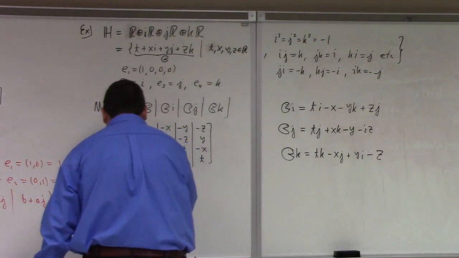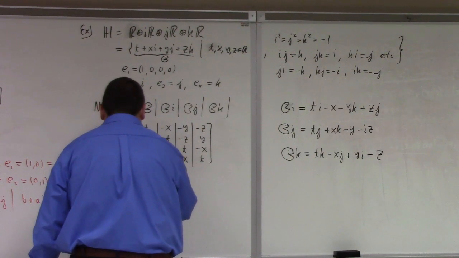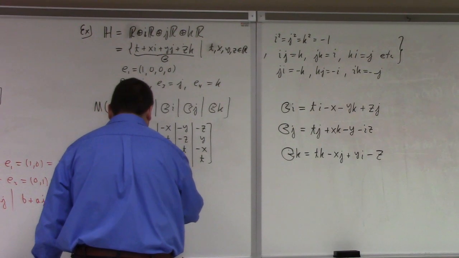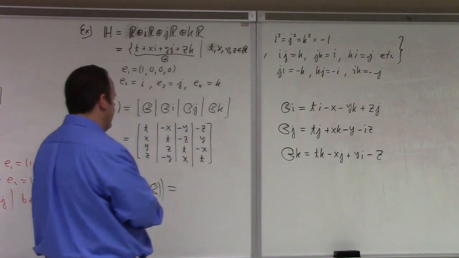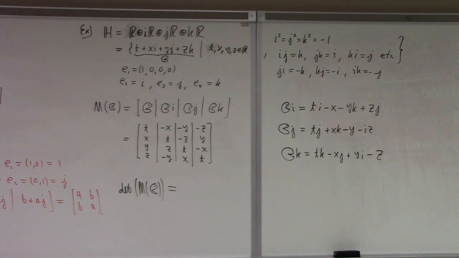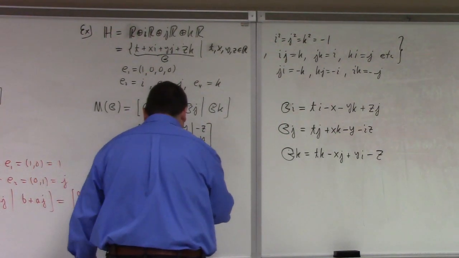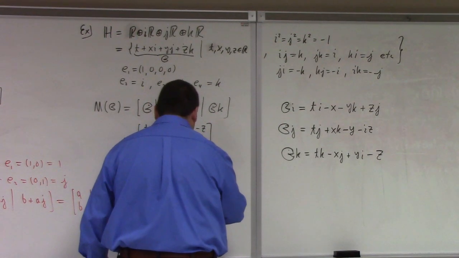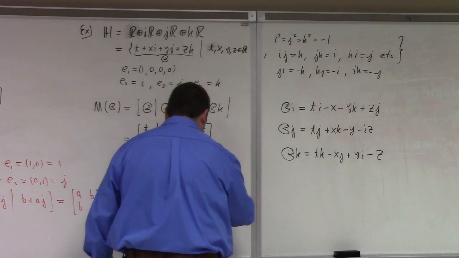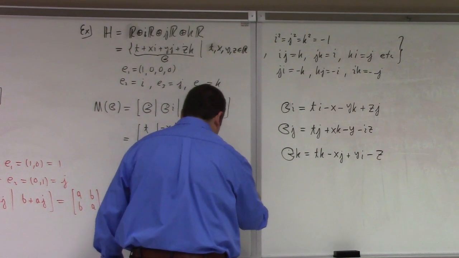What's the determinant of M of Pac-Man as above? Yes. It is perhaps some number times the sum of squares. Now, I have not worked that out, but I'm telling you, that's what it works out to.